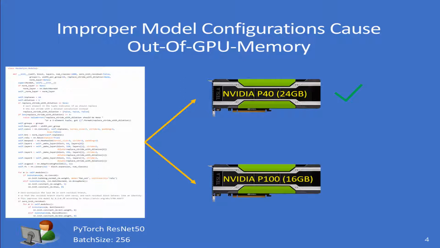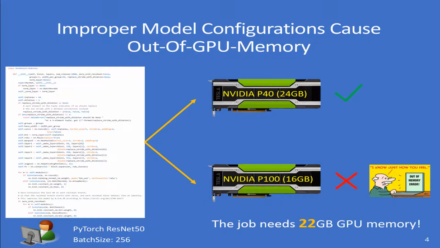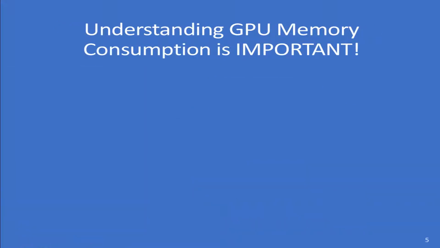When it is scheduled on the NVIDIA Tesla P100 GPU, it will trigger an OOM exception because the DL model requires 22 GB of GPU memory, while the P100 has only 16 GB in total. So, understanding GPU memory consumption is important.